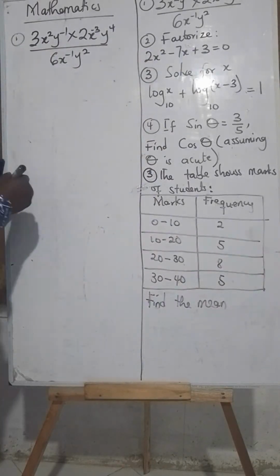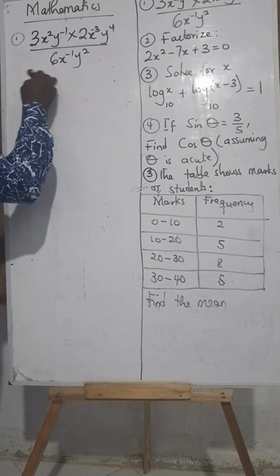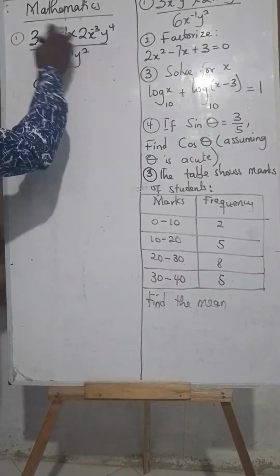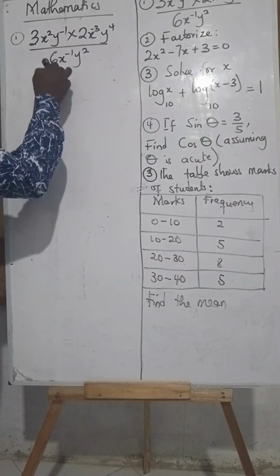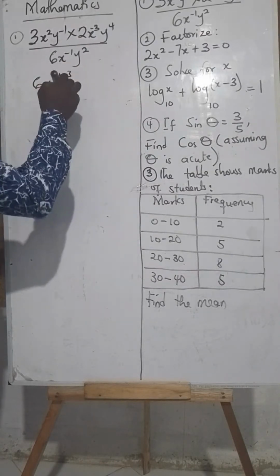Right, so with this, we can simplify what is at the top. We have 2 times 3, that will give us 6. The x, since it is multiplication, you will add, that will be 2 plus minus 3 here.